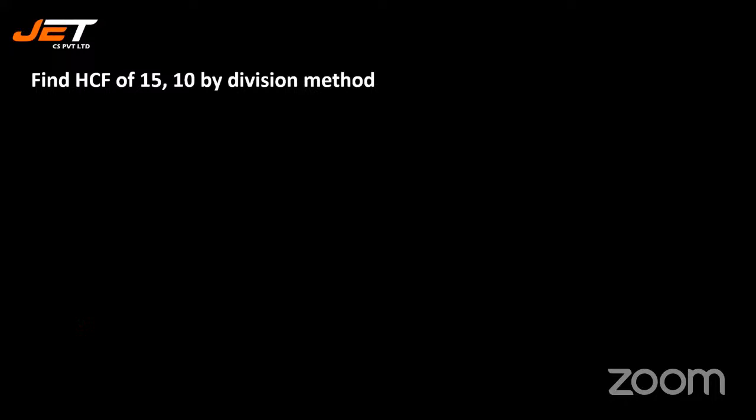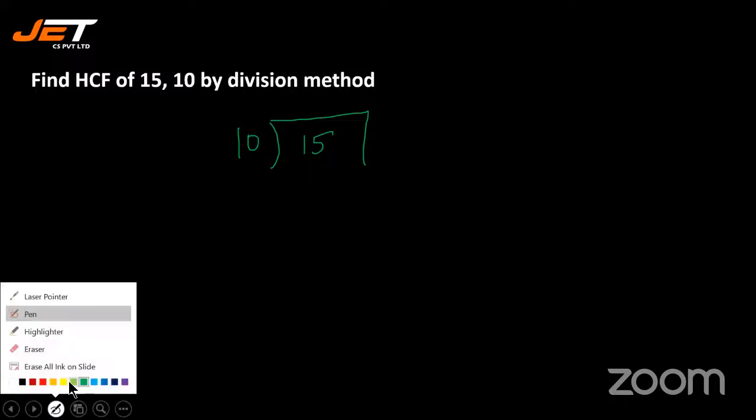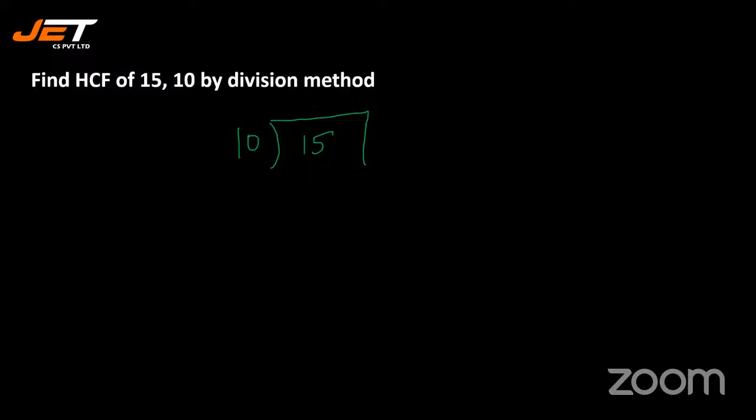HCF of 15 and 10. 10 will obviously be the divisor and 15 be the dividend because 10 is smaller than 15. So over here, 10 times 1 is 10. 5 here being the divisor, 10 being the dividend. 5 times 2 is 10.